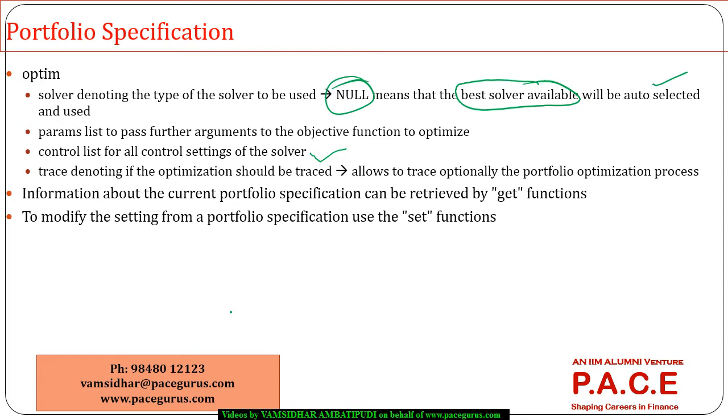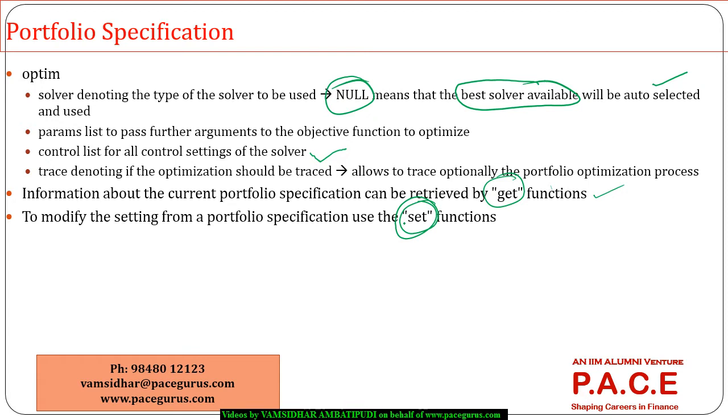entire workspace as such. So any of these things, if you want to get the current values of the specifications, you can use the corresponding get functions. In the next slide, I'll showcase a big list of get functions that you can use. And if you want to make changes to any of those things, we can do the set function, right?